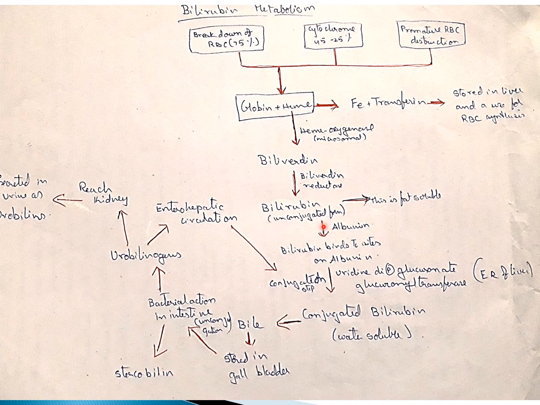Now this bilirubin binds to the sites on the albumin. Now here we have conjugation taking place. We have uridine diphosphate glucuronate glucuronyl transferase, which is present in the endoplasmic reticulum of the liver, that results in the production of conjugated bilirubin, which is the soluble form.